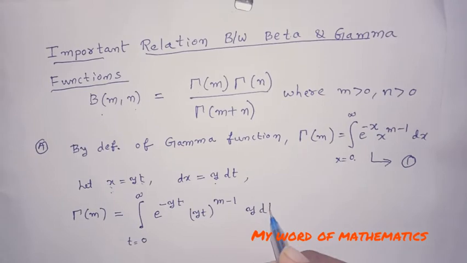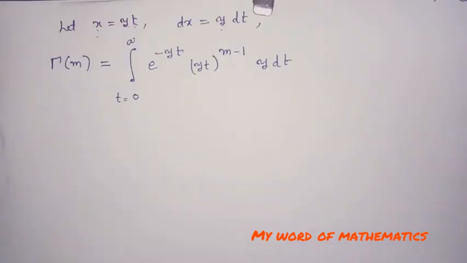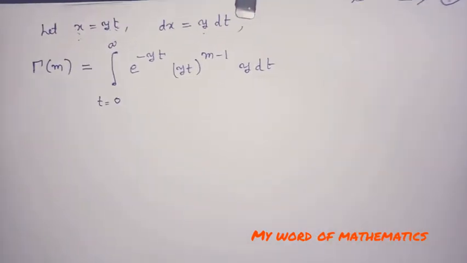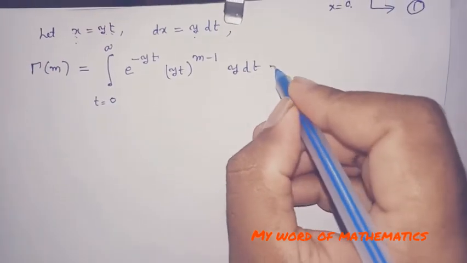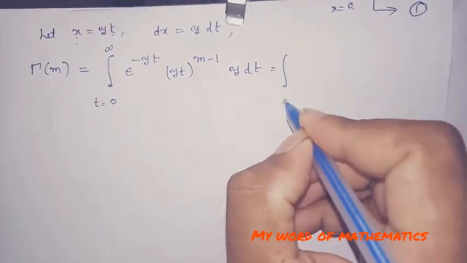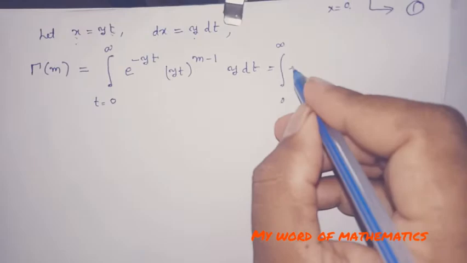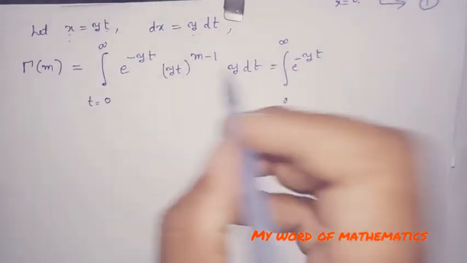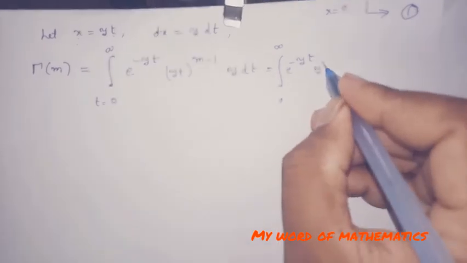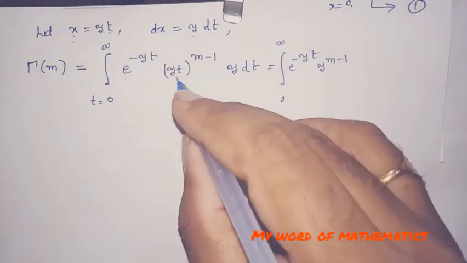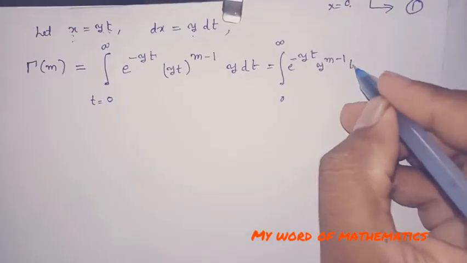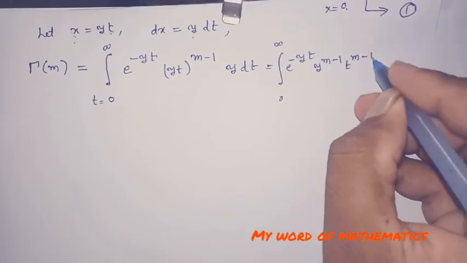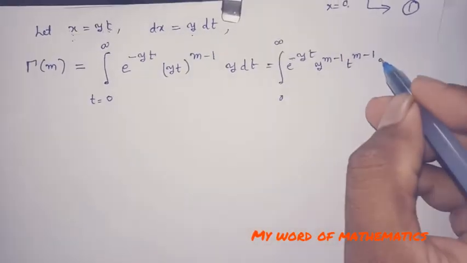Therefore, integral 0 to infinity e power of minus yt, y power of m minus 1, t power of m minus 1, y dt.